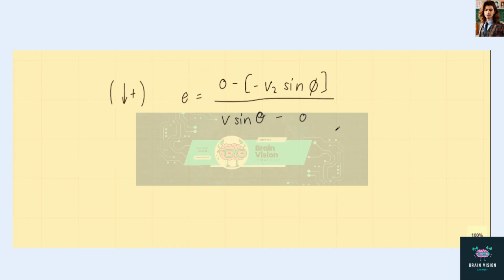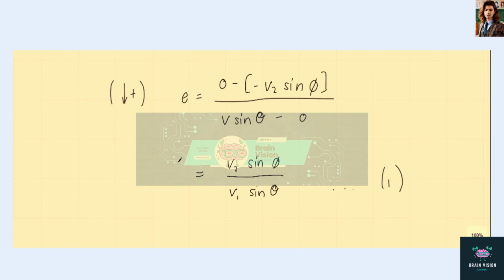The zeros here represent the velocity of the floor, which does not move. And so we see that the coefficient of restitution can be written as e = v2 sine phi over v1 sine theta. So we'll call this equation 1.